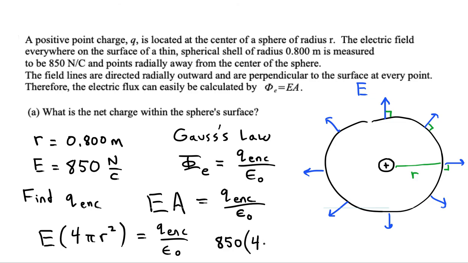Our surface area will be 4 times pi times 0.8 squared. And epsilon naught is 8.85 times 10 to the minus 12.